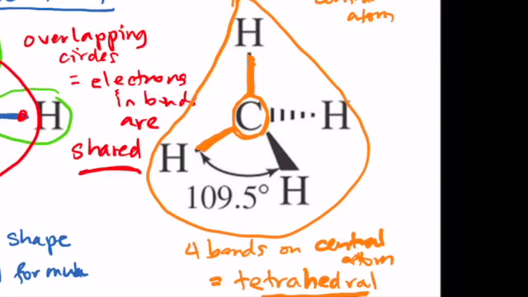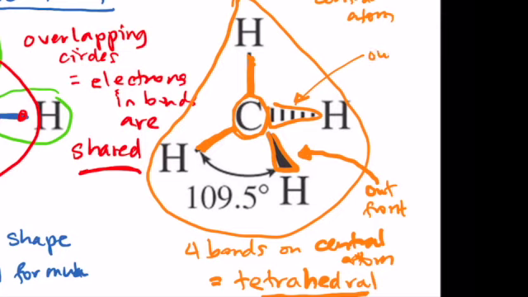And then this thicker line is coming out front. There's a hydrogen coming out in front of the plane of this paper, and this dashed line means that this hydrogen is going out back behind the plane of the paper or this page or this screen.